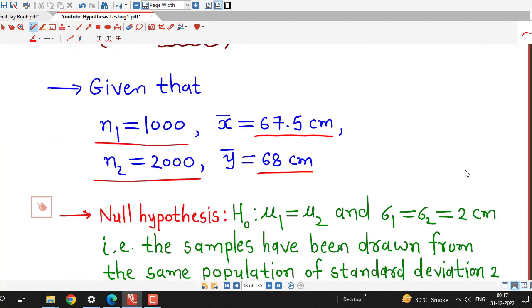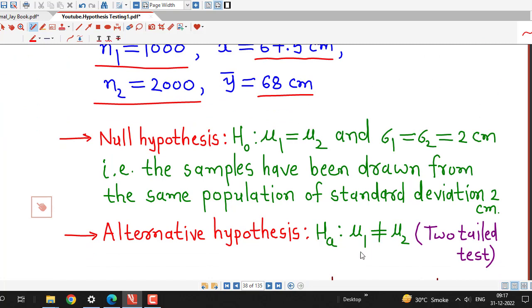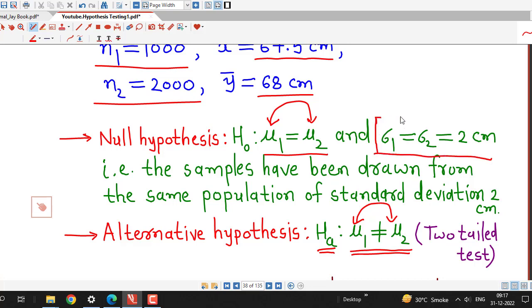So we consider the alternative hypothesis as that samples are not coming from the same population, therefore they have different population means, and a negative statement of this is that population means are equal. And because we are considering samples from the same population, for the null hypothesis we write here that the population standard deviation is 2 centimeter for both the populations.